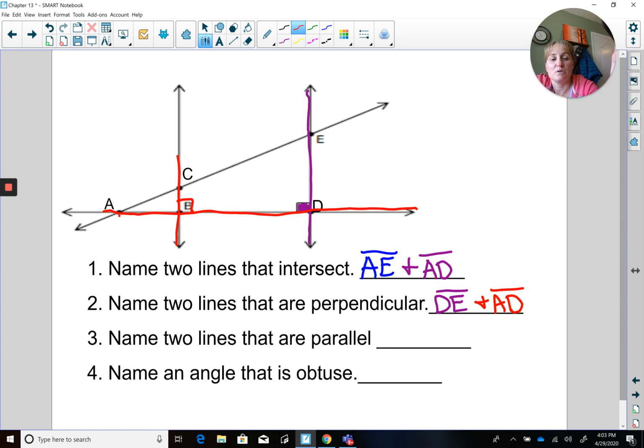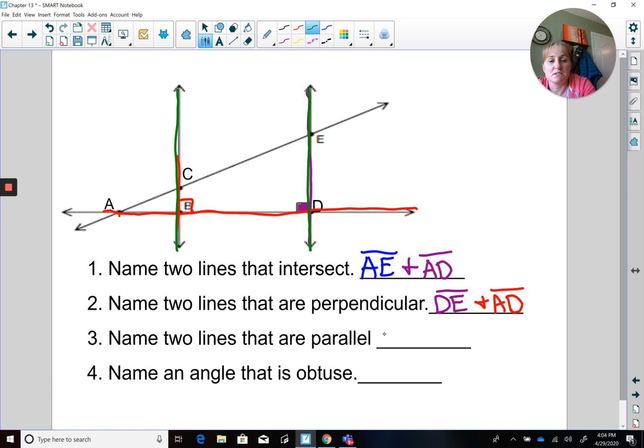Now, two lines that are parallel, and I'm going to go to green this time. That means they're going to be on the same plane, going this way, going diagonal, or up and down, and they never cross. So if you see, you have this line right here and this line right here. Those are never going to cross.